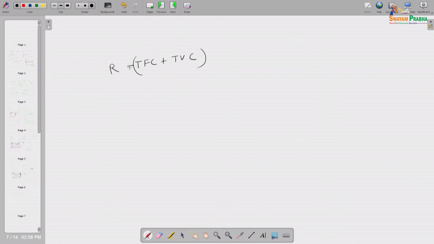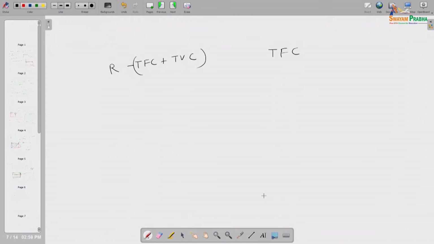And if he does not produce, then his total cost is TFC, because if he does not produce there is no variable cost, only total fixed cost, right. So, that total fixed cost will be the total cost in that case, right.